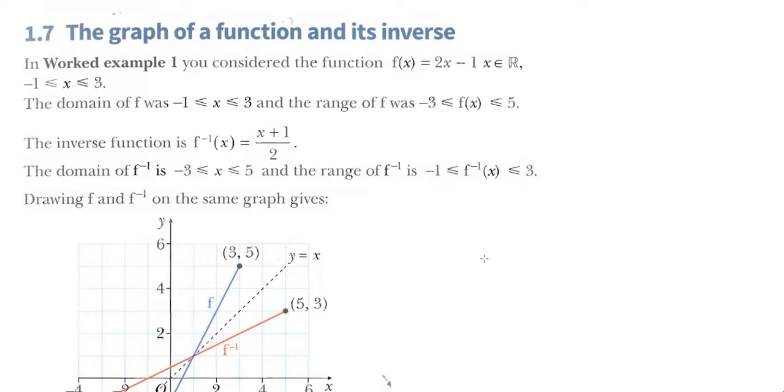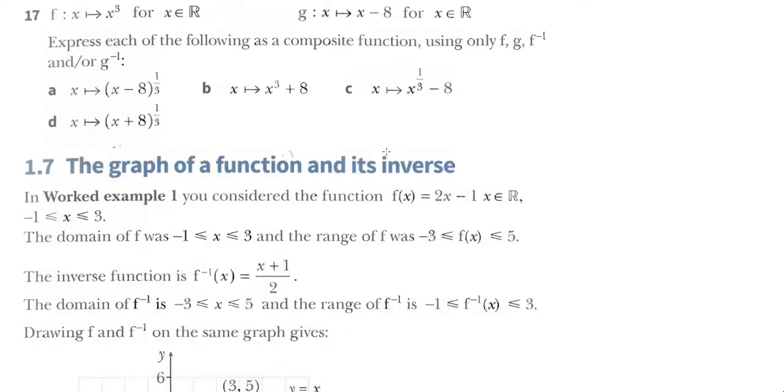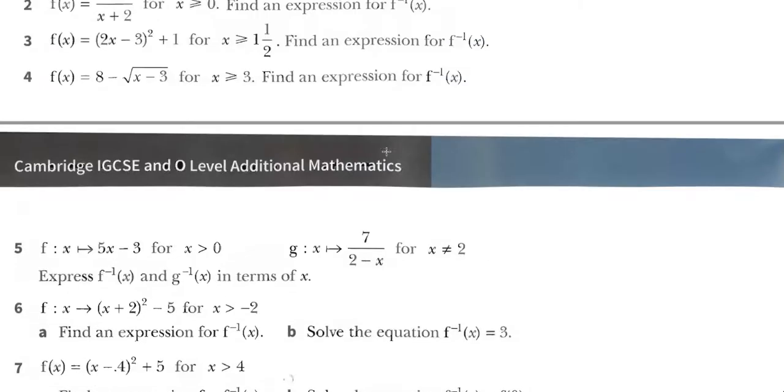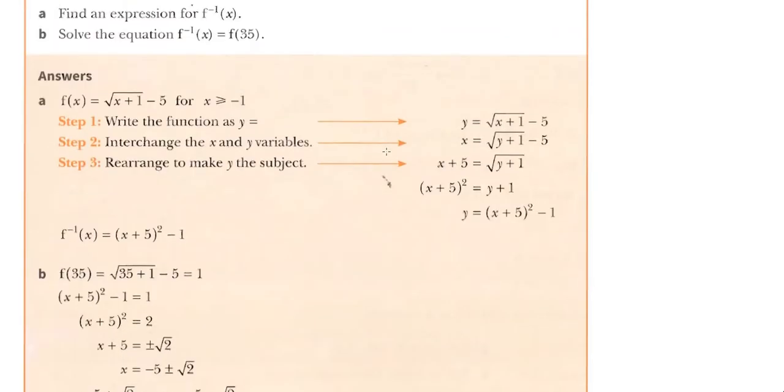In worked example 1, you consider the function f(x) is equal to 2x minus 1, where x belongs to the real numbers, minus 1 to 3. Actually, this is worked example 1 from the previous exercise, f(x) is equal to 2x minus 1. This is worked example number 1.